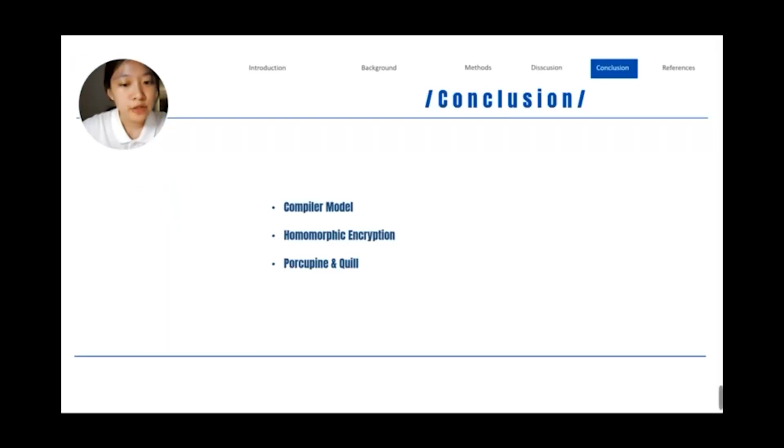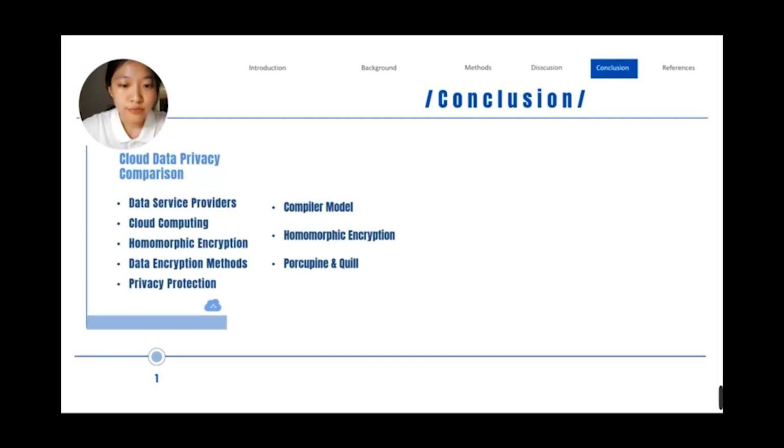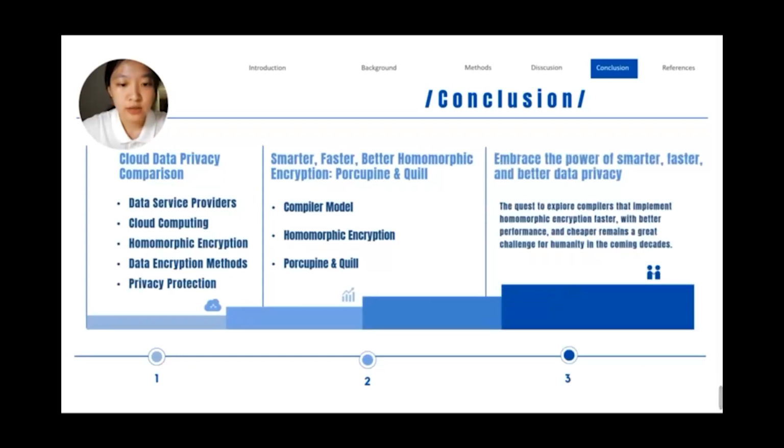This paper describes how data server encryption and privacy protect data in cloud computing, comparing the advantages and disadvantages of homomorphic encryption with other data encryption methods.